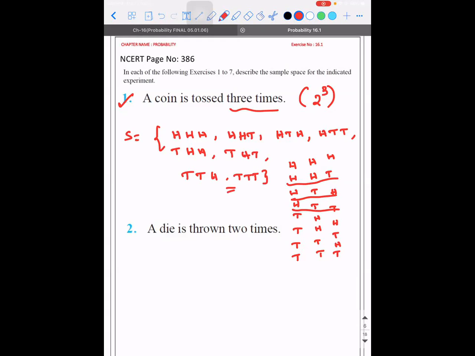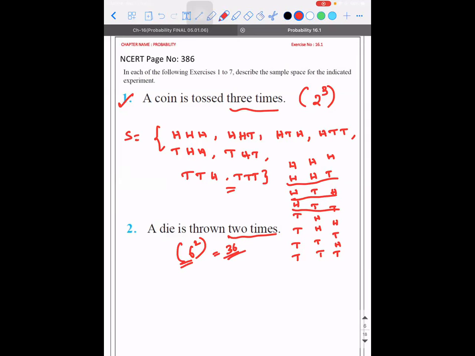Okay, next. A die is thrown 2 times. So how many outputs? 6 square. So when a die is thrown twice, the possible number of outcomes that you get is 36. This also I've showed you, right?